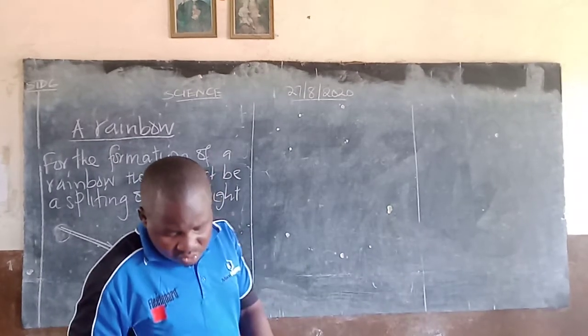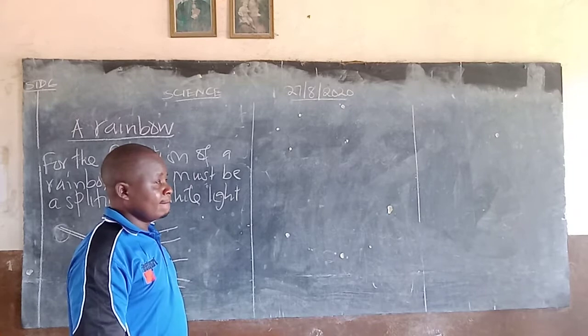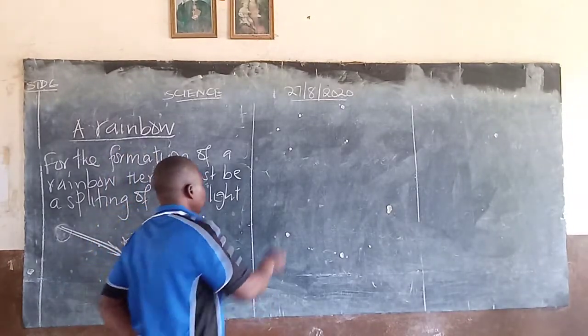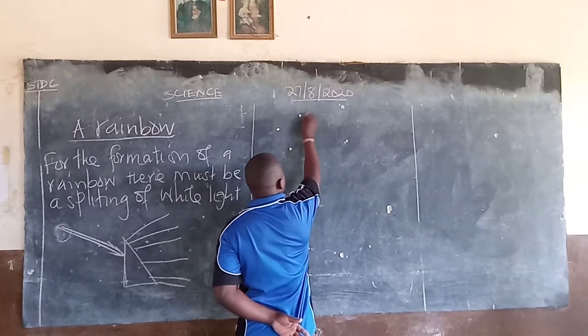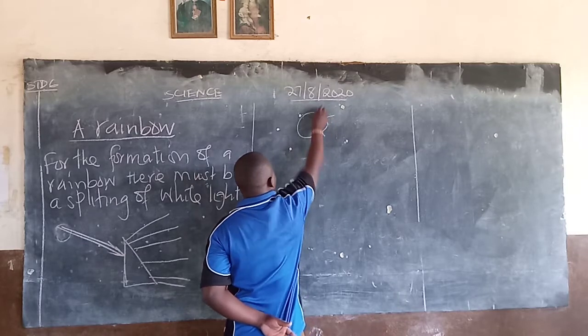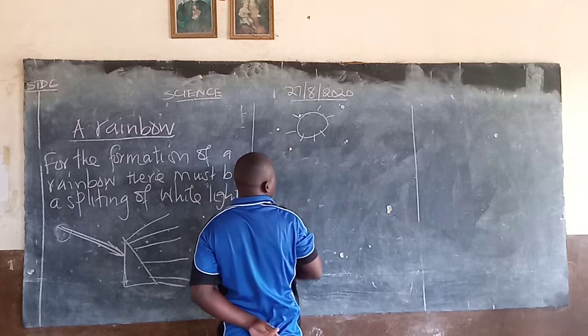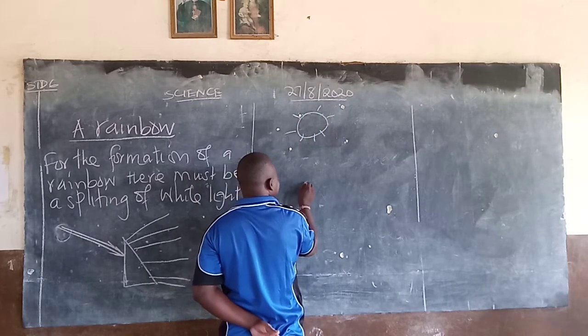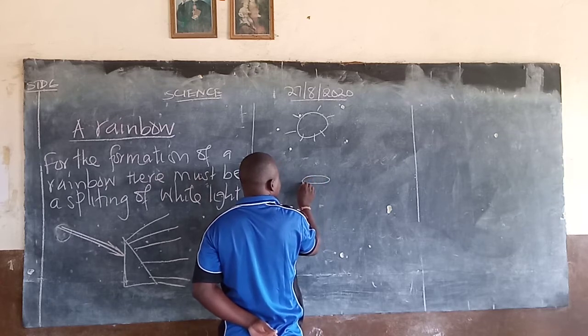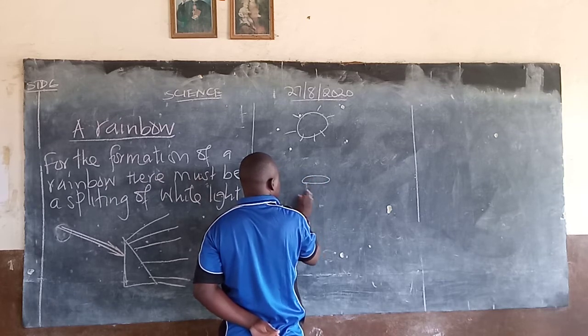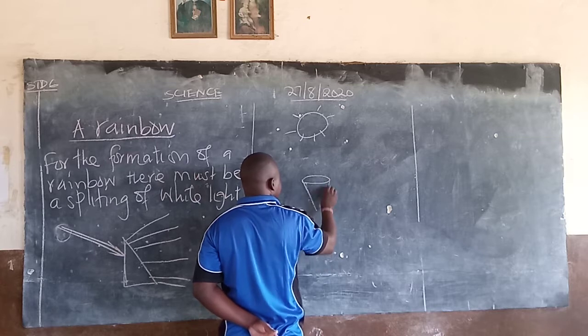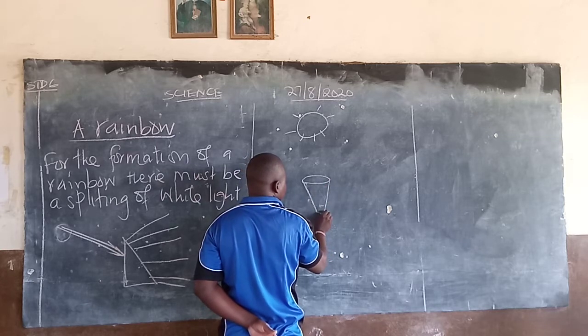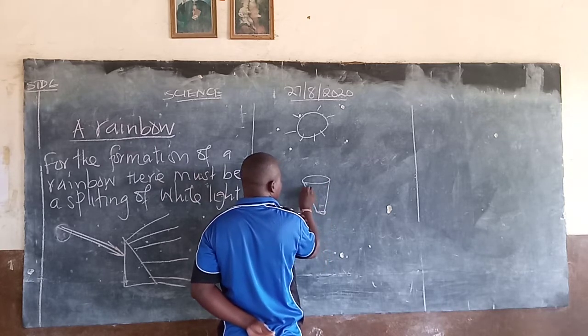For example, we can have our sun here. When we have a sun there, we have a glass of water here. You can also do this one at home.